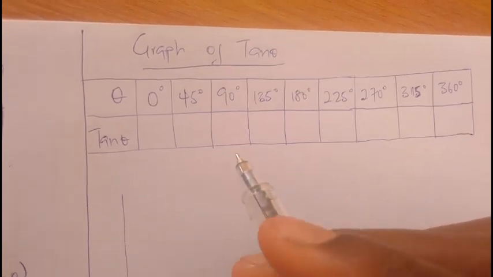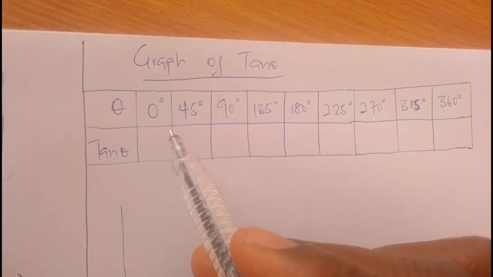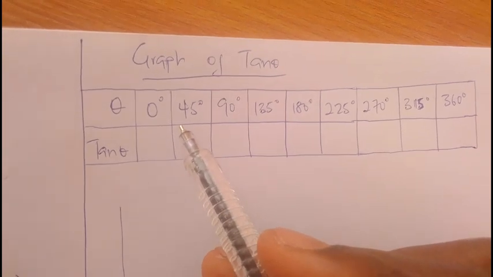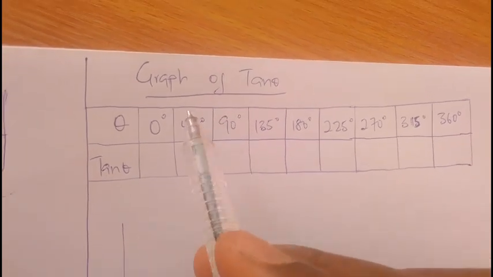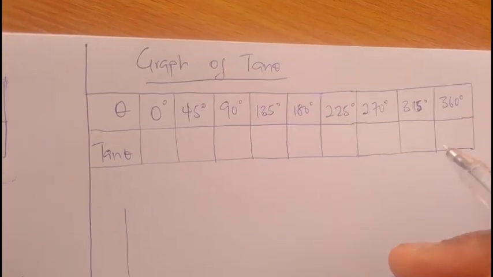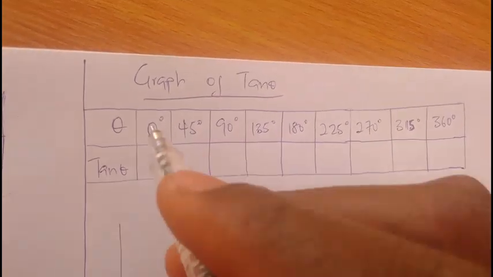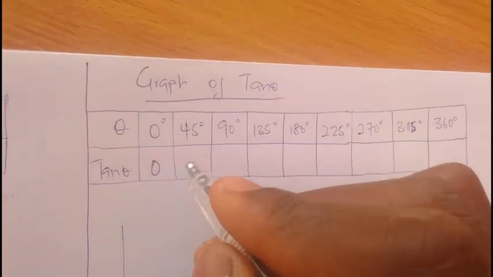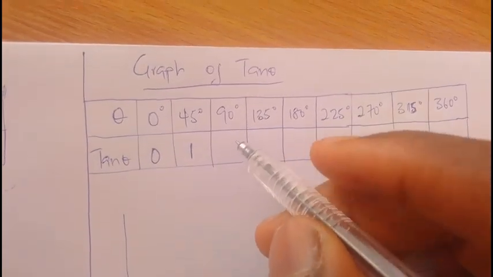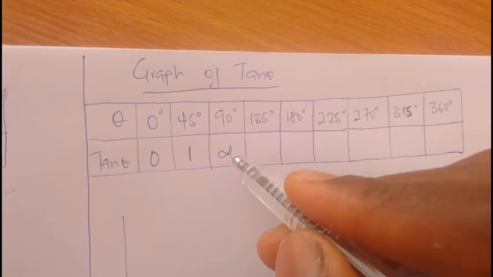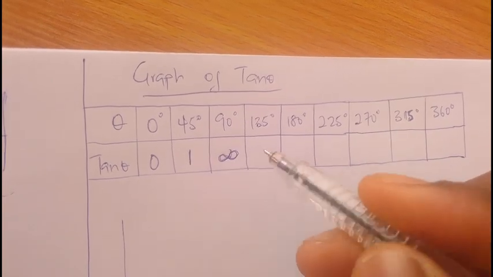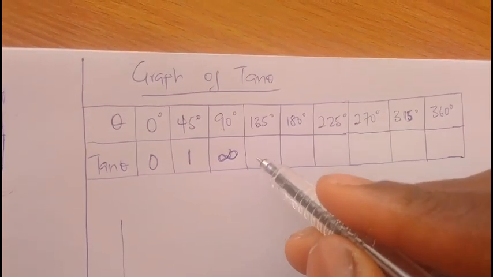For tan theta, I use readings from 0 to 45, 45 to 90, that is adding 45 degrees continually, for a reason I'll be pulling out very soon. In this case, tan 0 is 0, tan 45 is 1, tan 90 is impossible on your calculator, so that's relatively infinity.